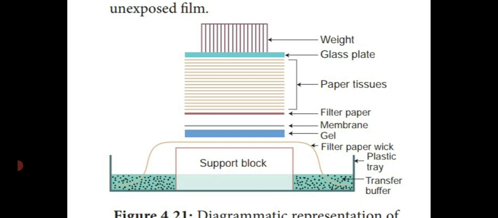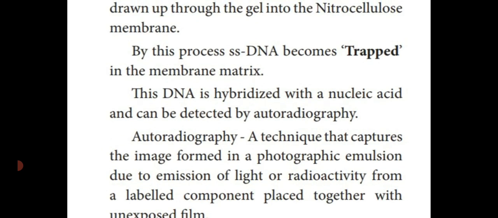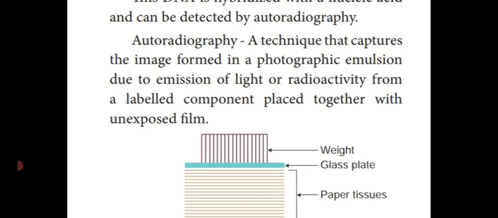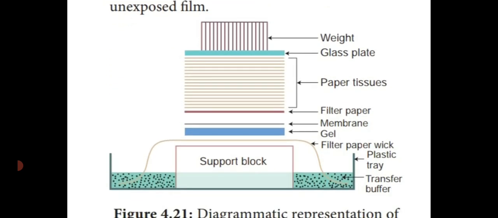So what will happen? The sodium saline citrate buffer solution separates the DNA molecules from the large number of molecules, and the single stranded DNA is trapped by the nitrocellulose filter, which is hybridized with a nucleic acid by a method called autoradiography.